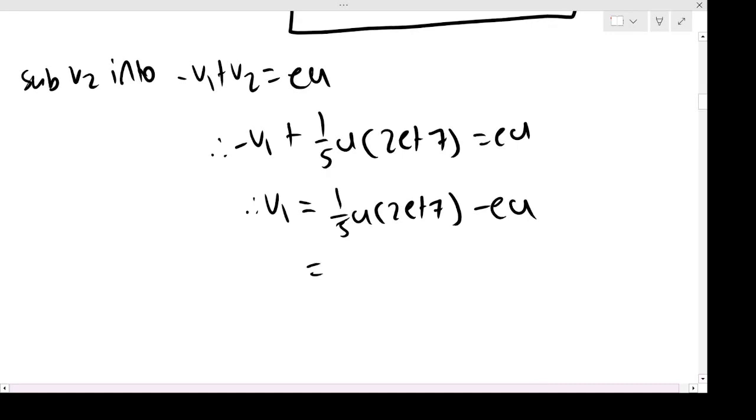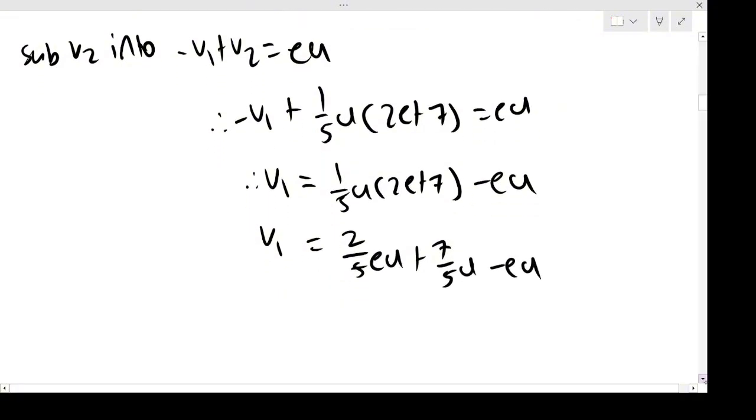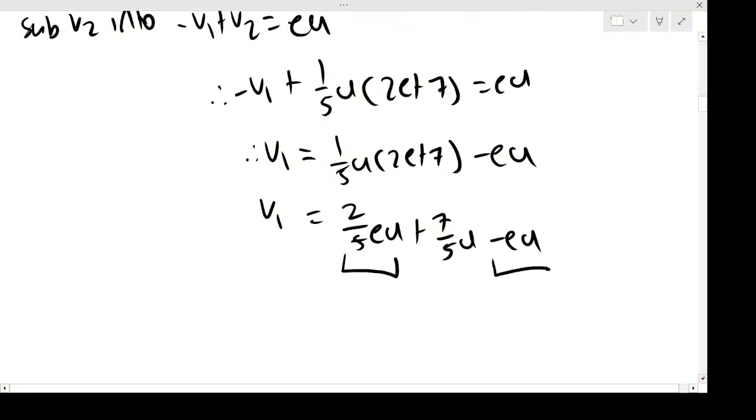And so if we now expand it to help simplify our answer, it's going to be 2/5 eu add 7/5 u minus eu. And then notice I have 2/5 eu minus eu here. If I collect the eu's, I have a minus 3/5 eu plus a 7/5 u.